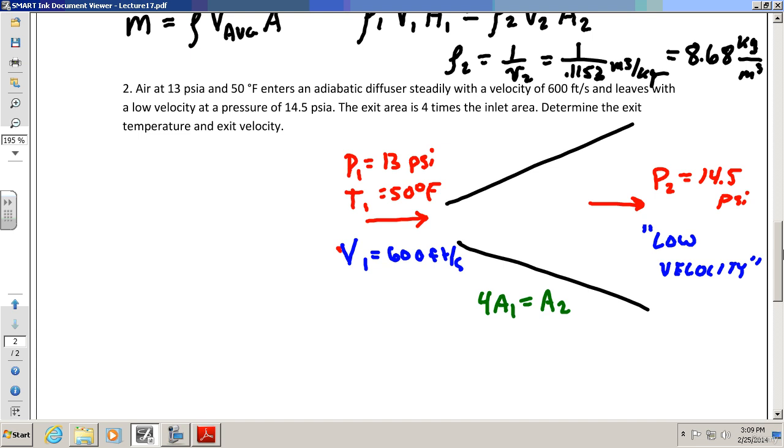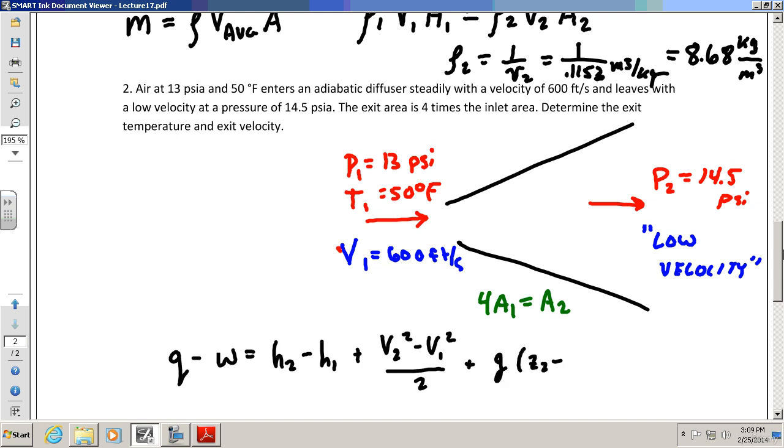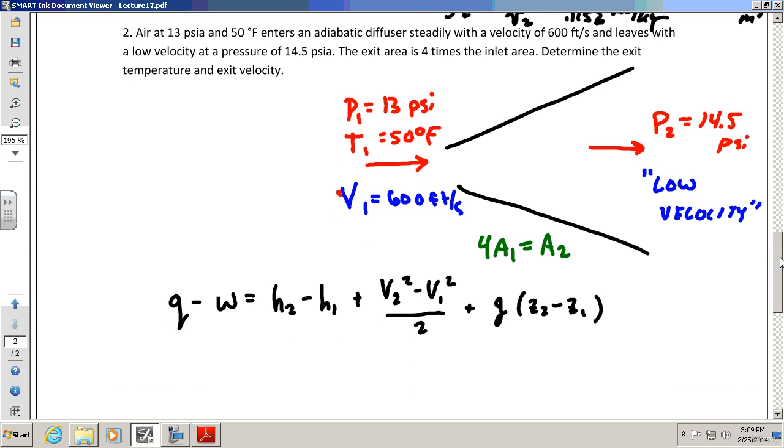I'm going to write Q minus W equals H2 minus H1 plus V2 squared minus V1 squared over 2 plus g(Z2 minus Z1). Okay? Now obviously, again, I can simplify this, right? I can take out Q, I can take out W, I can take out the potential energy term.